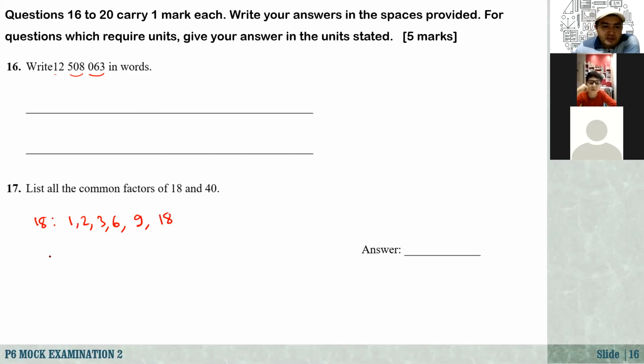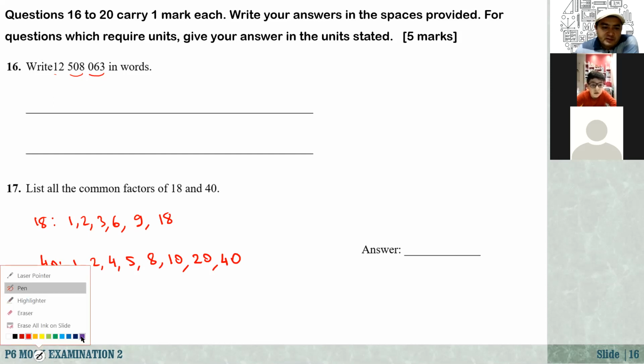So Aydin, can you tell me the factors of 40? 1, 2, 4, 5, 8, 10, 20, and 40. Not 6, 6 doesn't work. 40 itself.